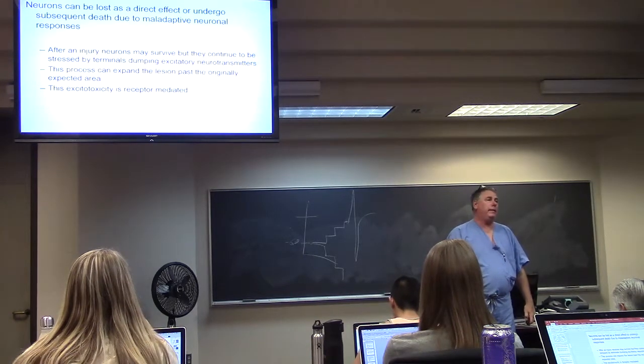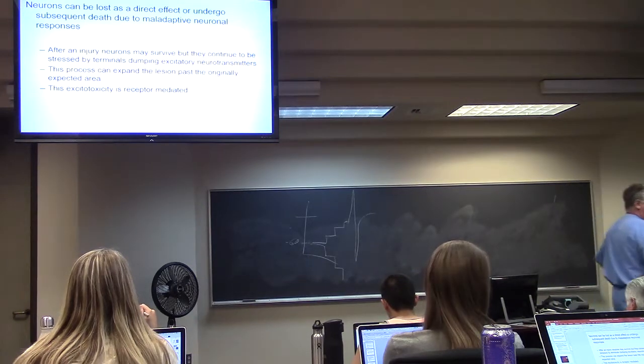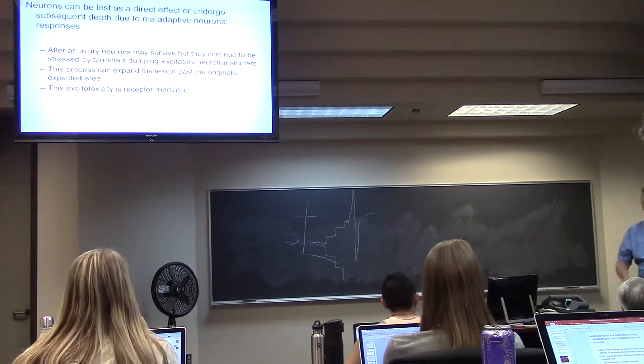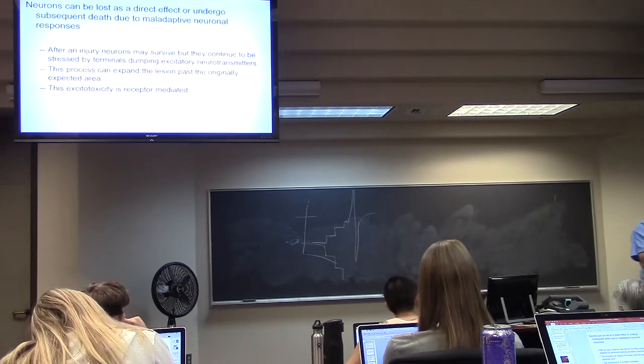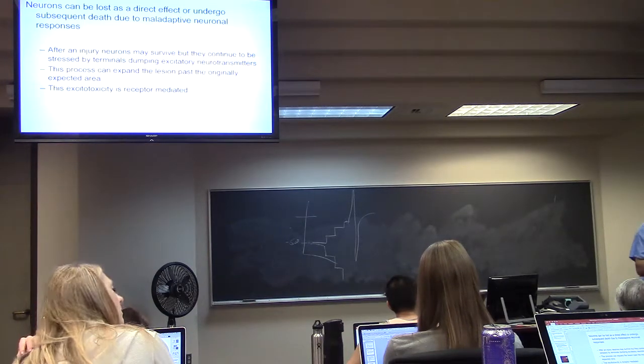Now, here's another thing that was not recognized until probably the 80s. When you have an injury to the nervous system, you have a direct injury, like from a bleed or a clot or a tumor. But the problem is, if you start killing these neurons, it's like pancreatitis. If you start killing these neurons, what's released are not pancreatic enzymes, they're neurotransmitters.